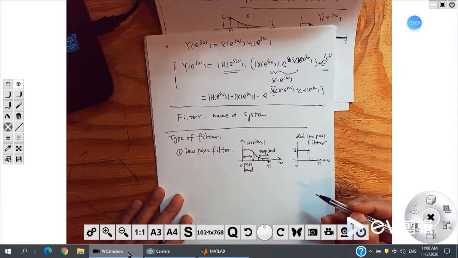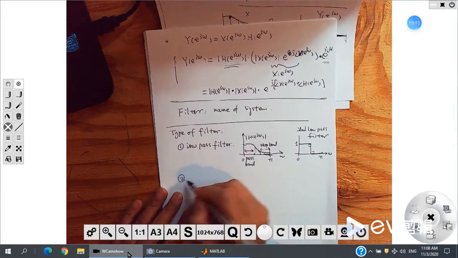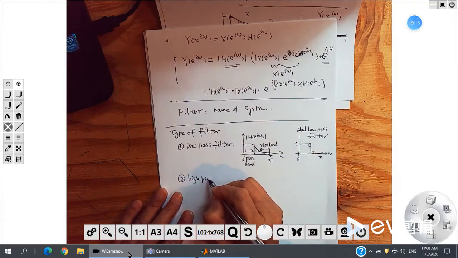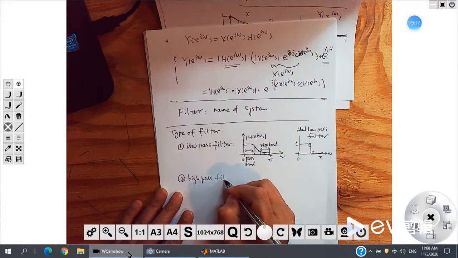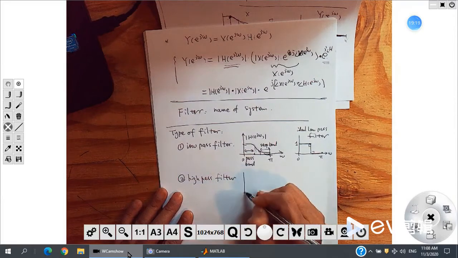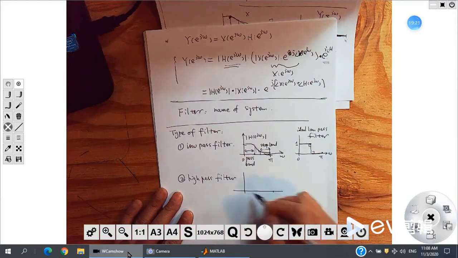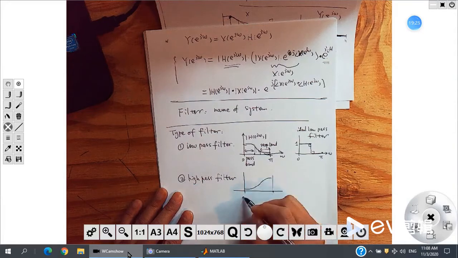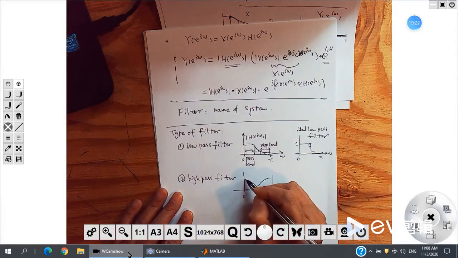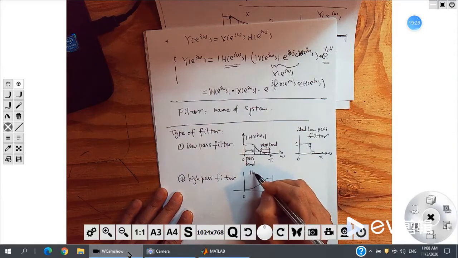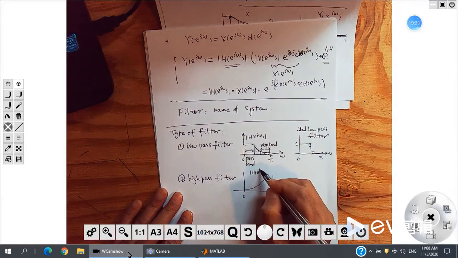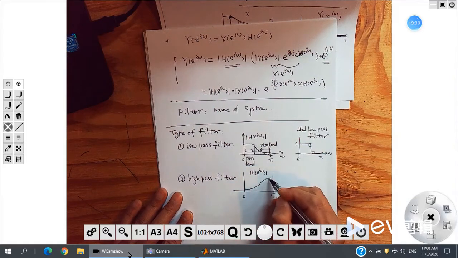Similarly, we have the high pass filter. In the frequency domain, check the magnitude of H(e^{jω}) from 0 to pi. It looks like this.